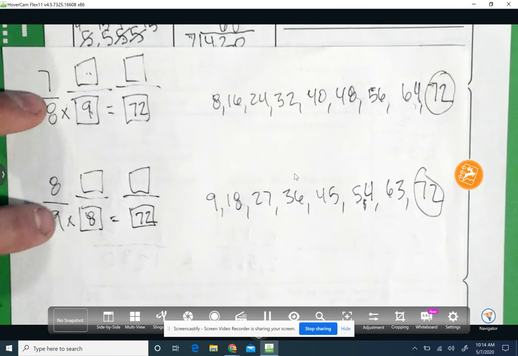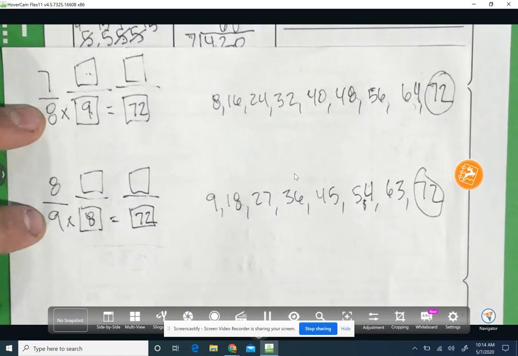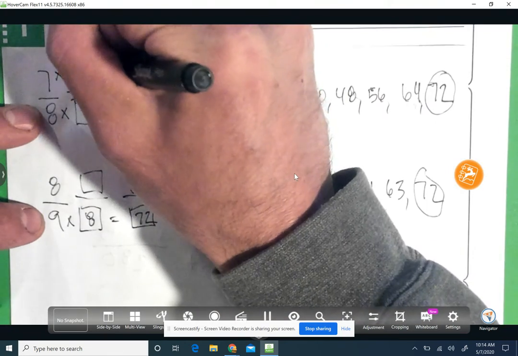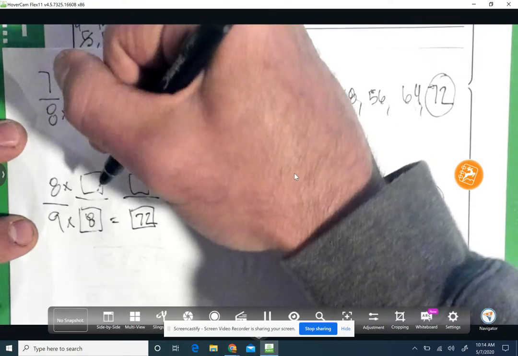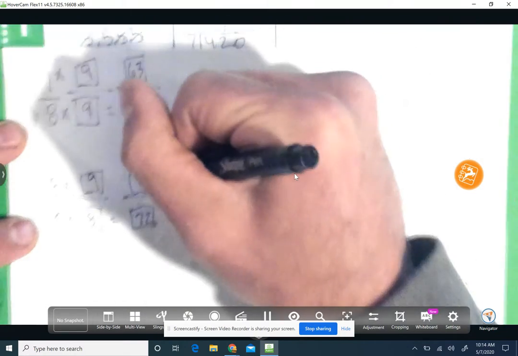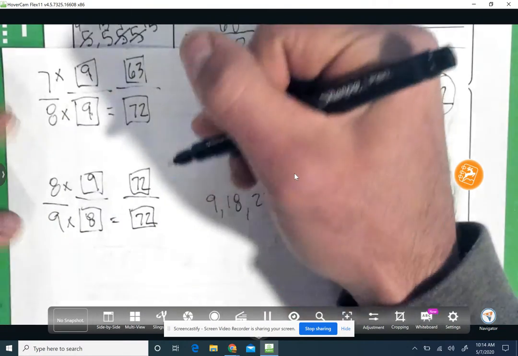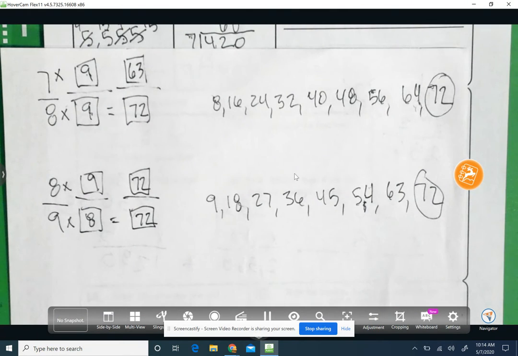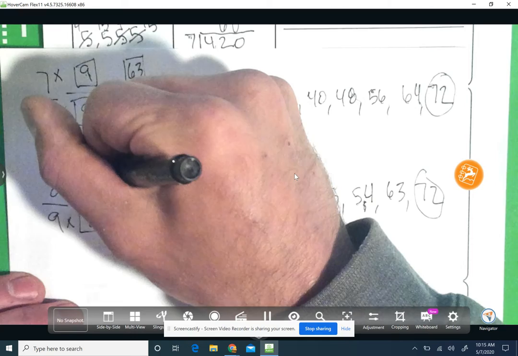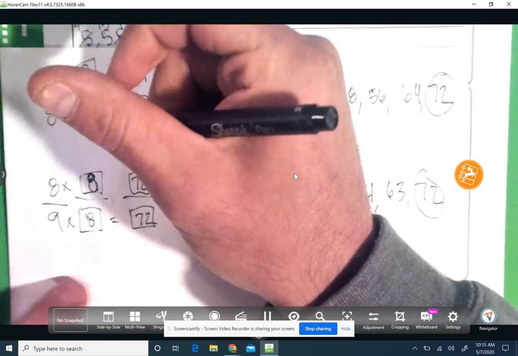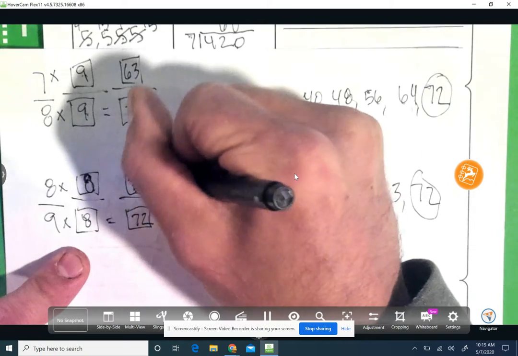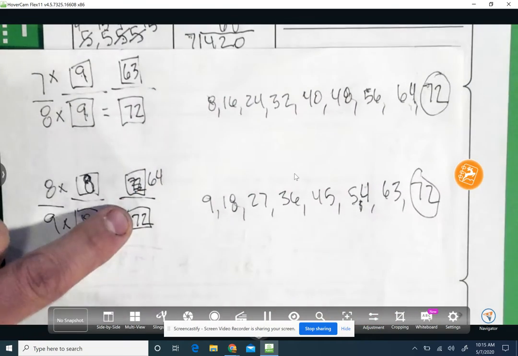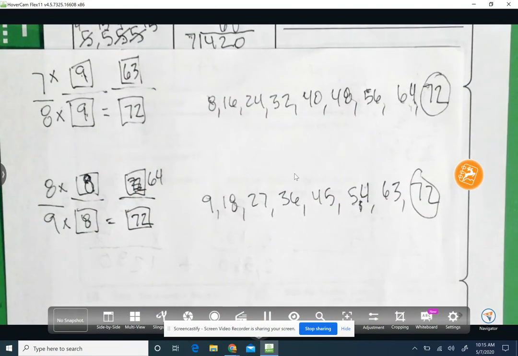Whatever I do to the bottom, whatever I do to these denominators, I've got to do to the top. 7 times 9 is 63, and 8 times 9 is 72. Excuse me. 8 times 8. We want to multiply the same 8 and 8, and we get 64. So we have 64 seventy-seconds and 63 seventy-seconds.